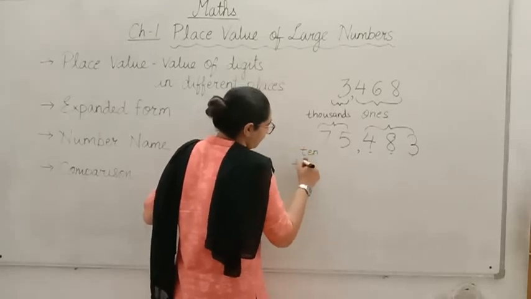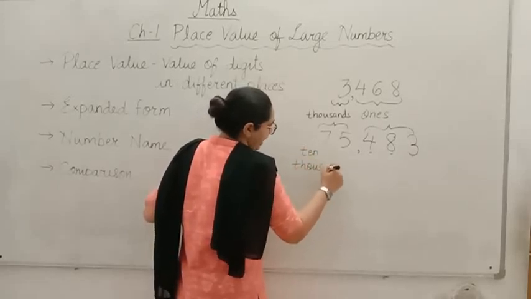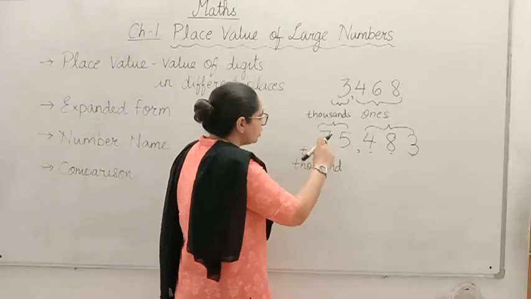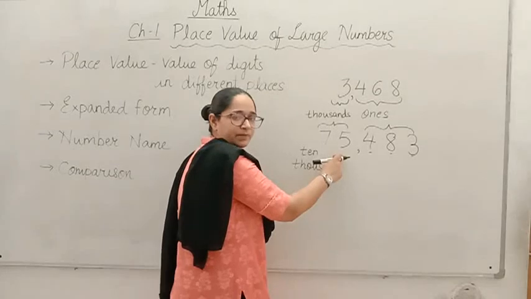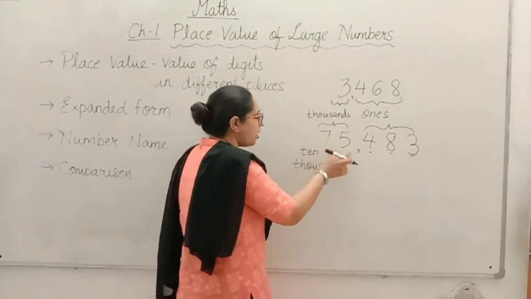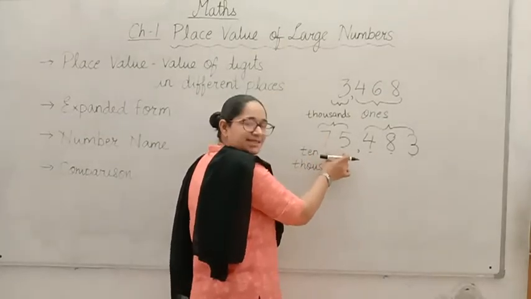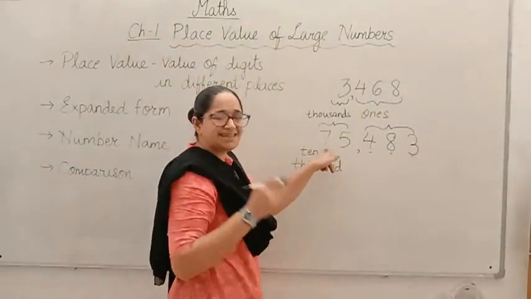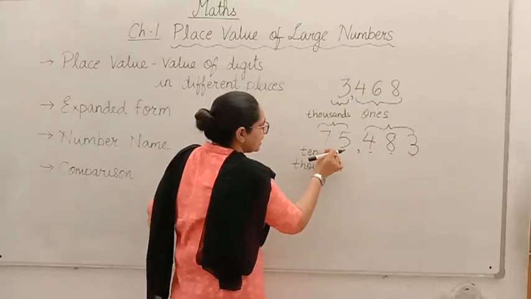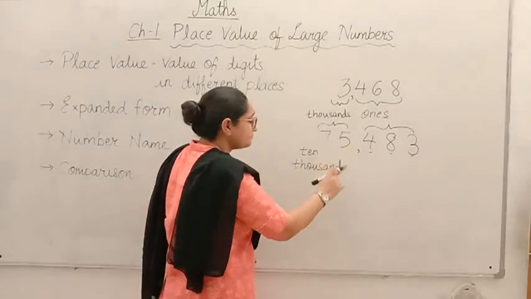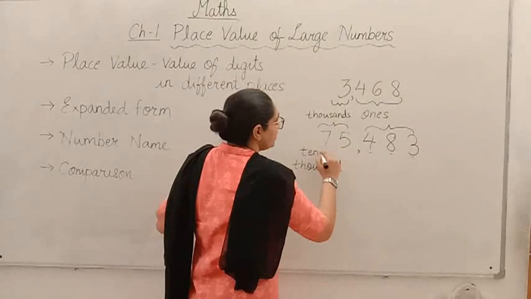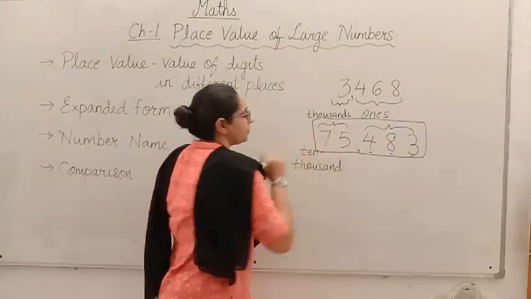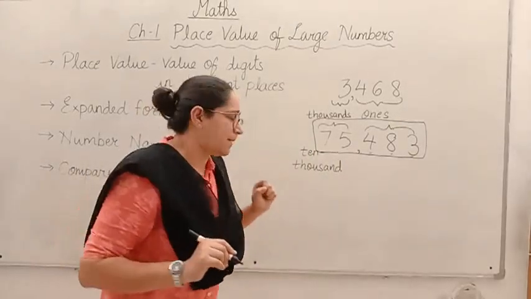This place is for 10,000. And so this is read as 70,000. So 75. Okay? Why 70? Because these are 2 digits in one group. So 1 is in the ones place, the other comes in the tens place. And that is why it is read as 75. So this number is 75,483. This is a 5-digit number.